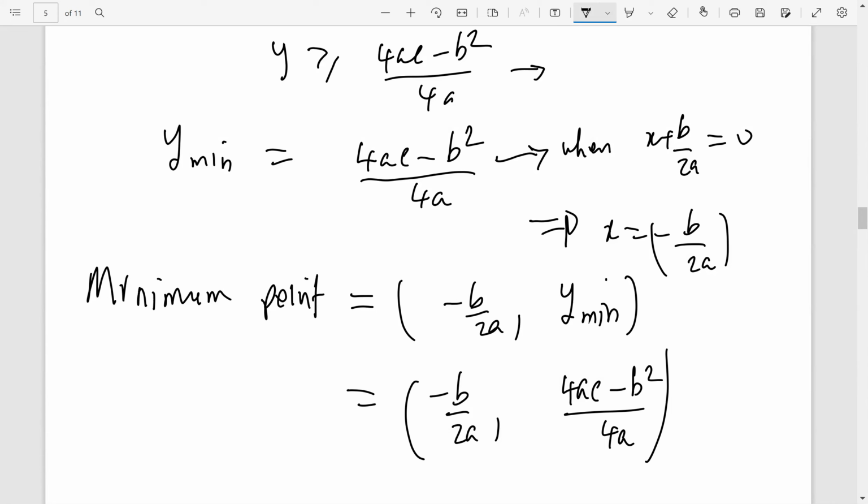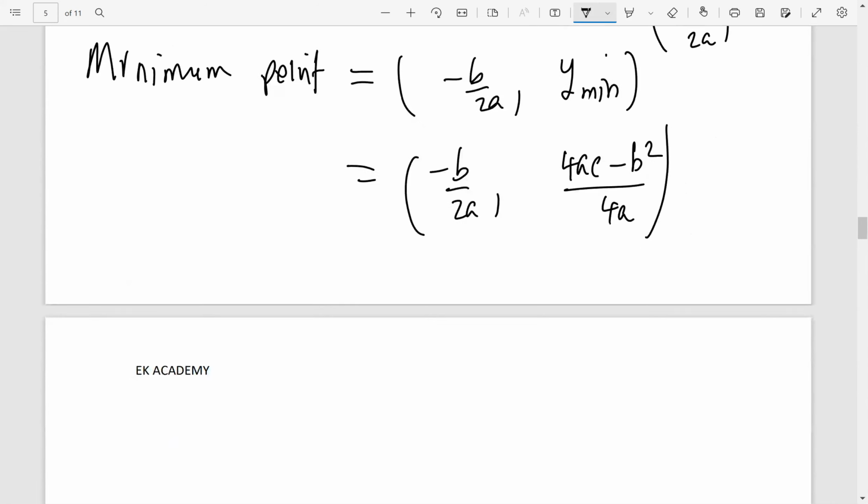Now we are going to consider the similar case when a is less than 0. When a is less than 0, it means that a is negative.